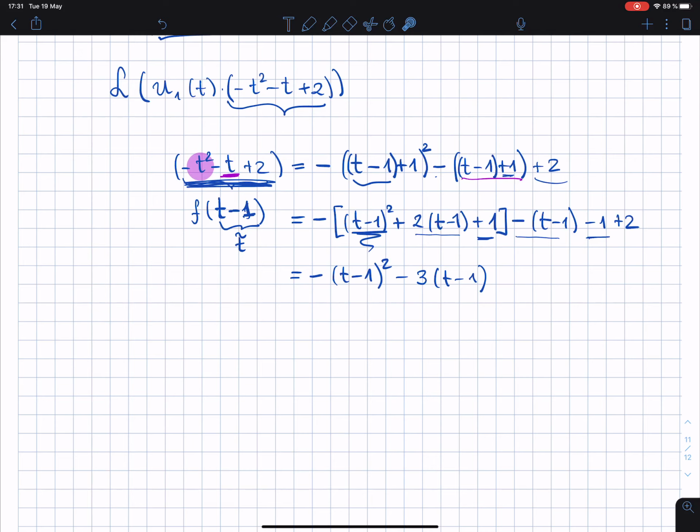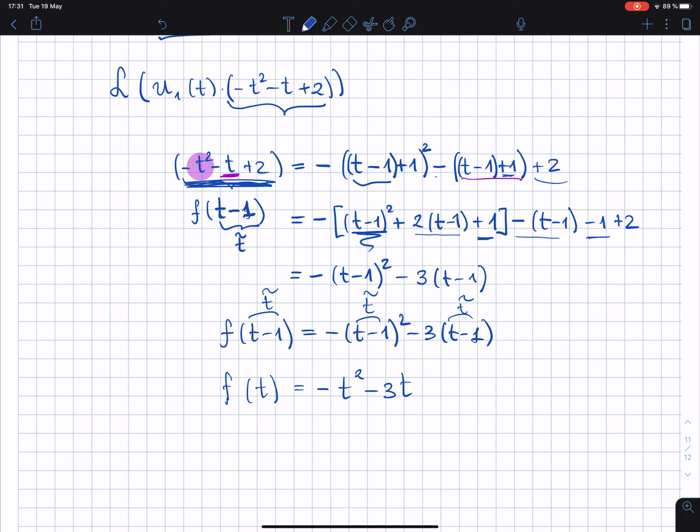But now it's really easy to go from, if this is f of t minus a, and it looks like this, then it's very easy to do this change of variables and guess who is f of t. Well, f of t is minus t squared minus 3 times t.